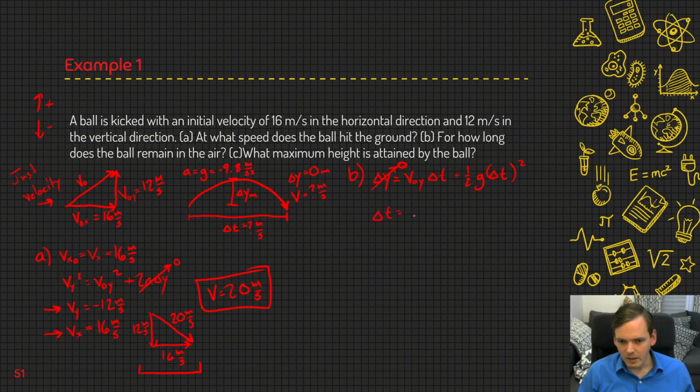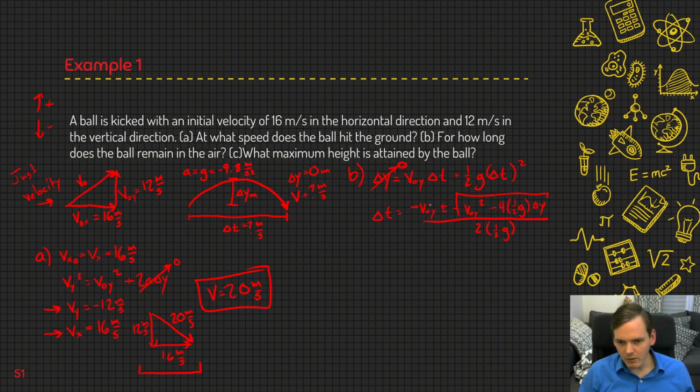So delta t is equal to negative of the b term, so negative v naught y, plus or minus the square root of v naught y squared minus four times a times the c term, and then times delta y, divided by 2 times 1/2 g.